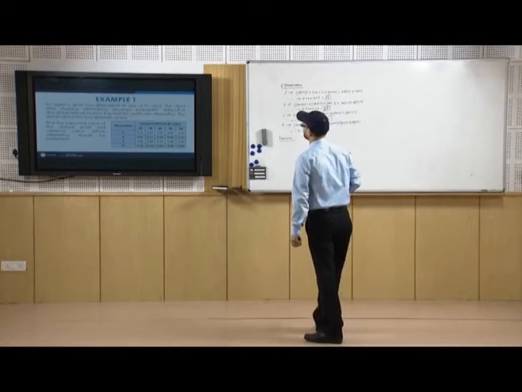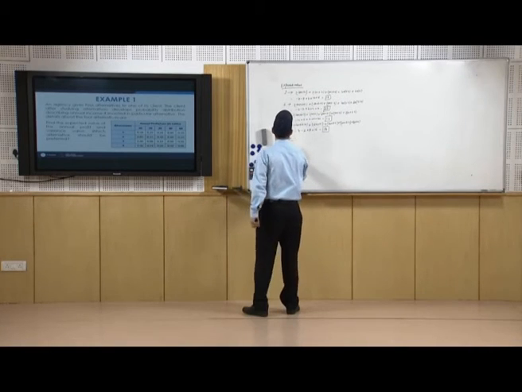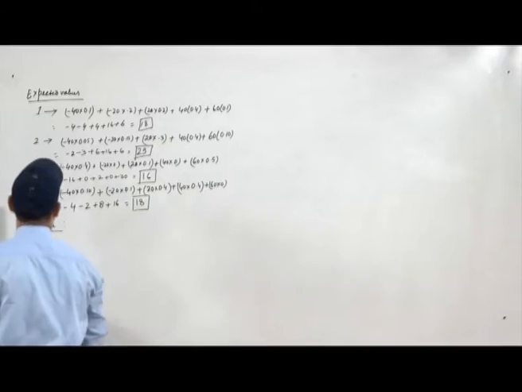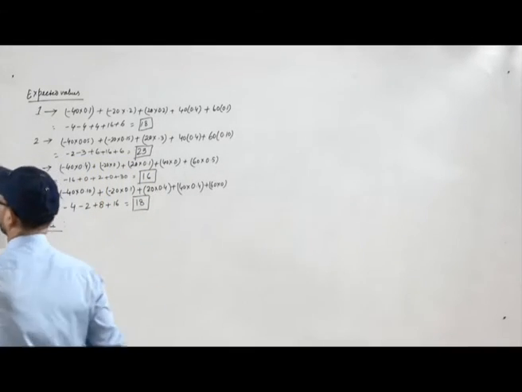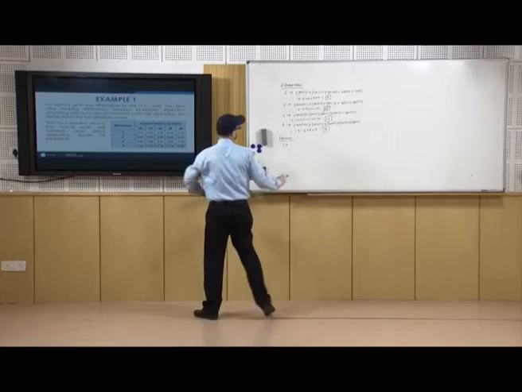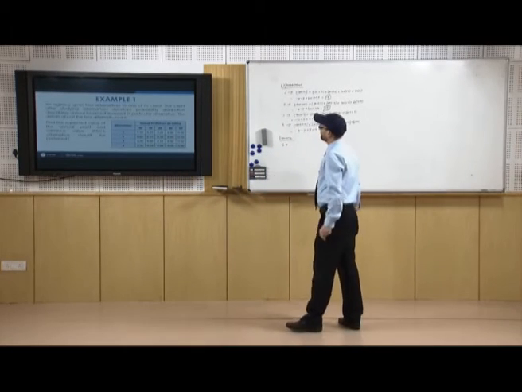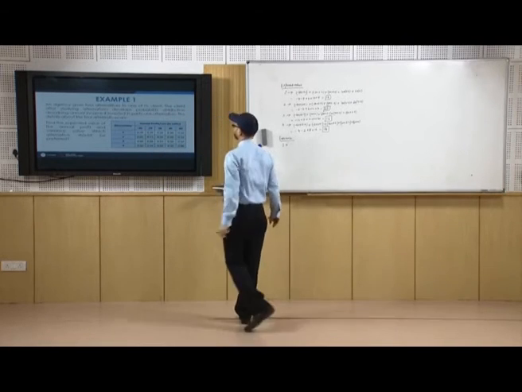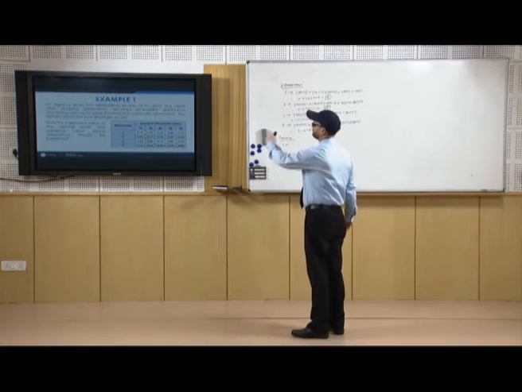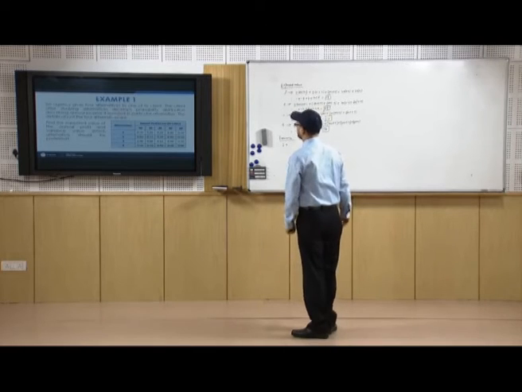For variance, again for alternative 1, we have to take the squares of these numbers multiplied by the respective probability values.